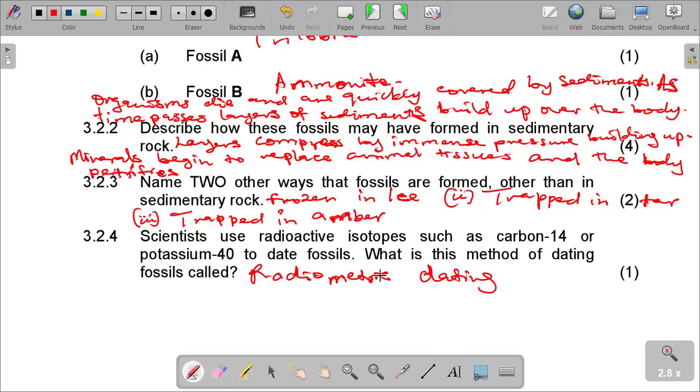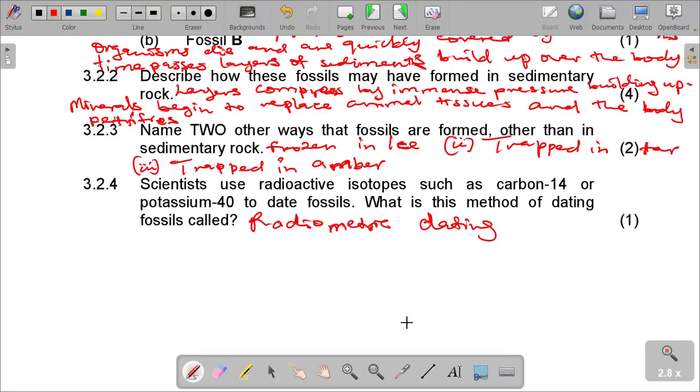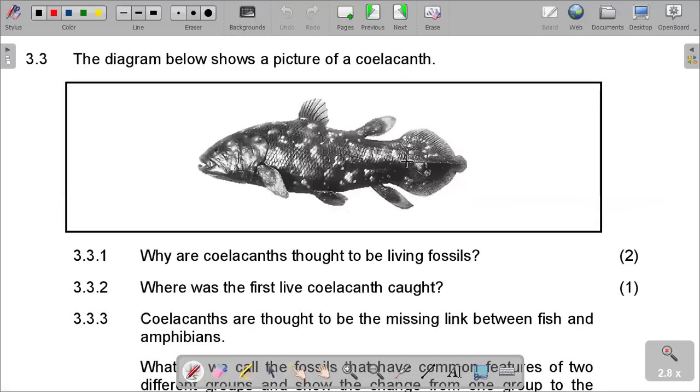I'm sure that if you refer to the previous question, you can see that this is quite clear and straightforward.